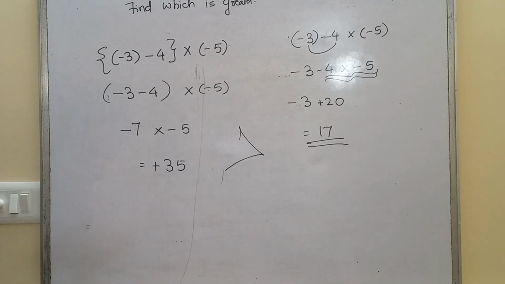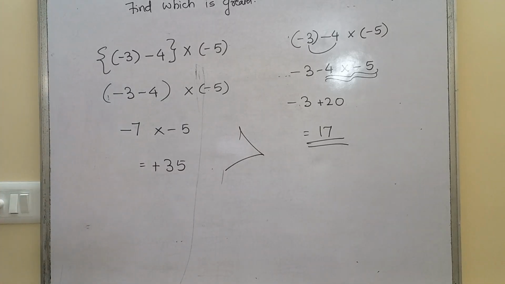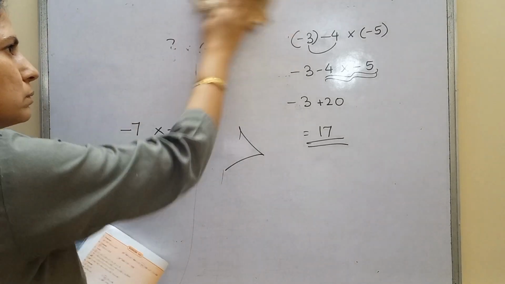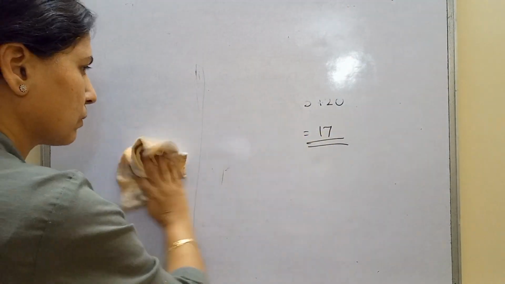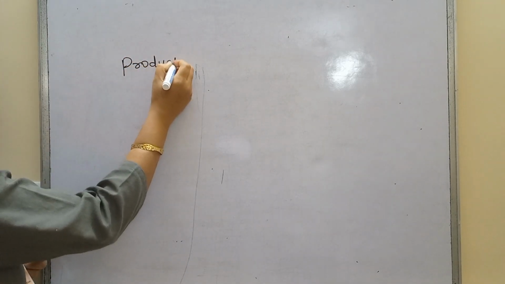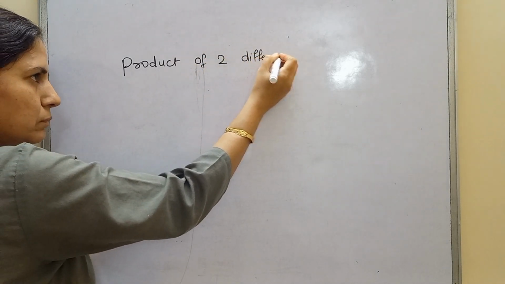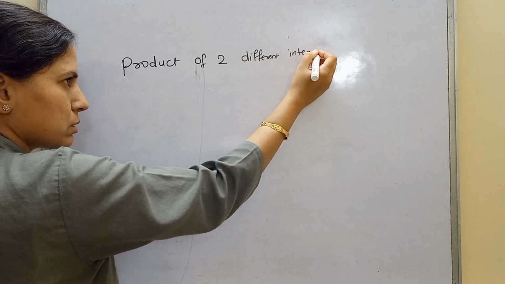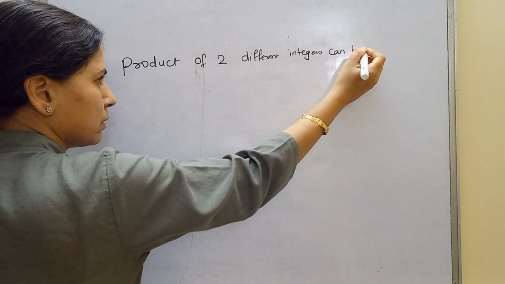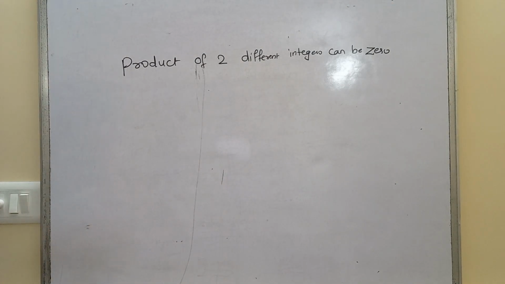The next is question number 10, that is true and false. Product of two different integers can be 0. Do you really feel so?